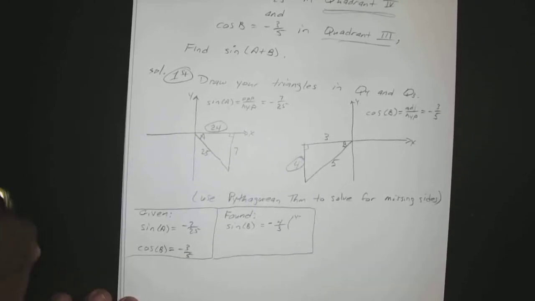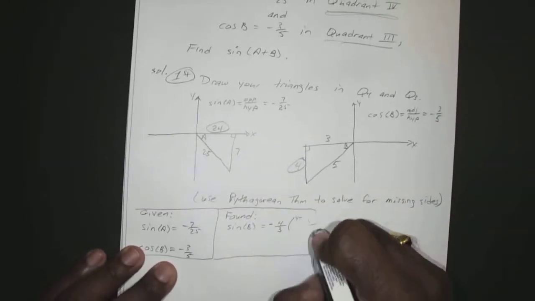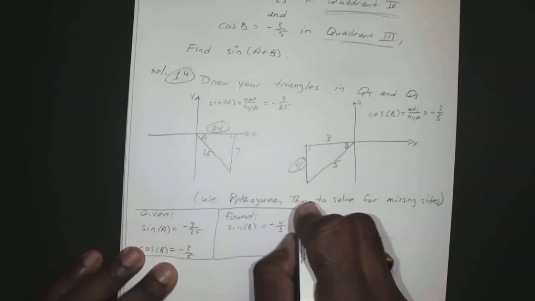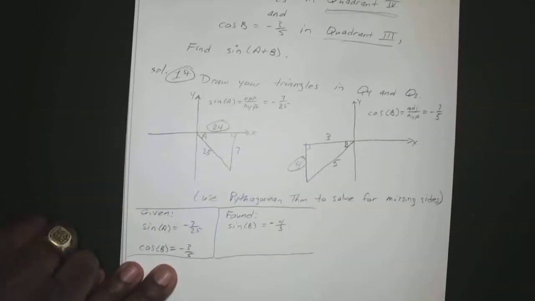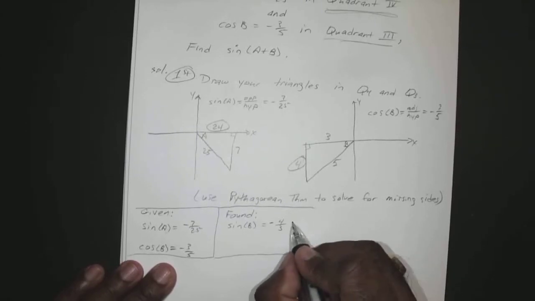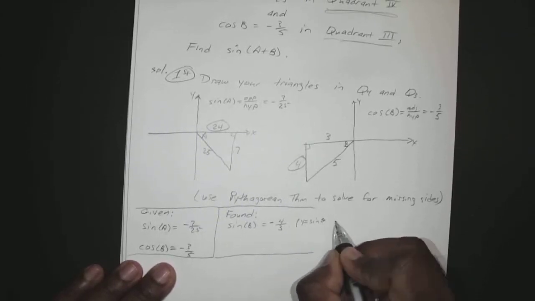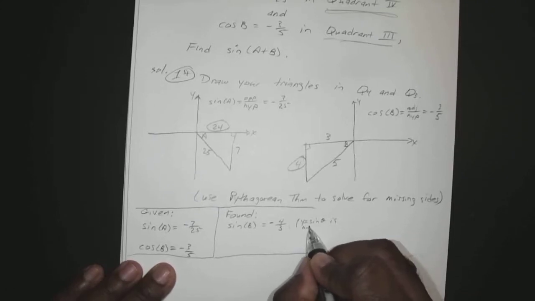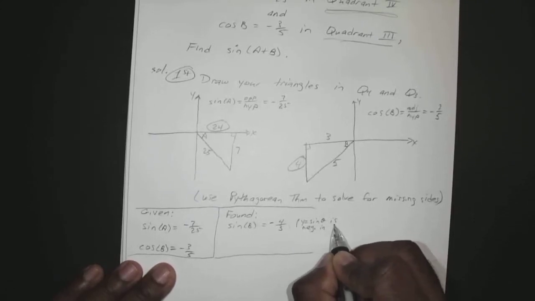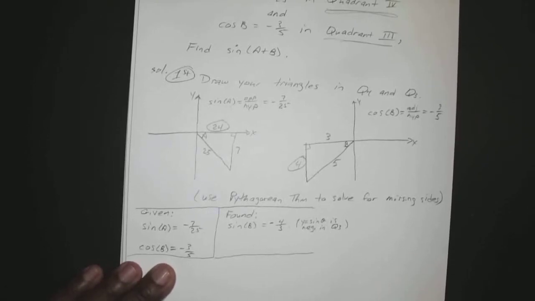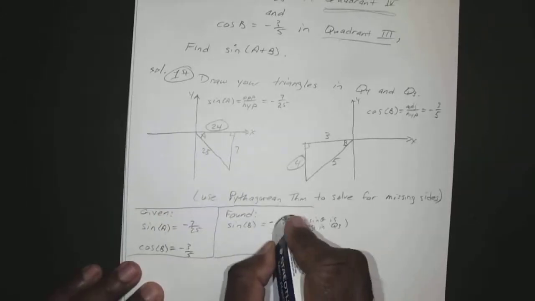So actually, I'll make that a little bit longer so I can write that note there. Sine theta is negative in quadrant 3. Yes? Shouldn't sine of B be 4 over 5? Oh, thank you. I don't know why I did that. Yep, 4 over 5.